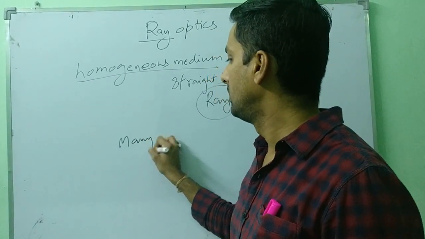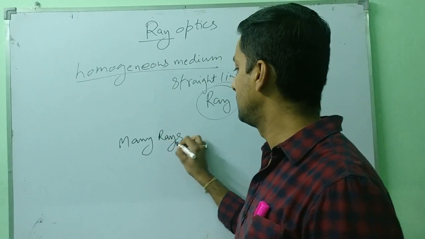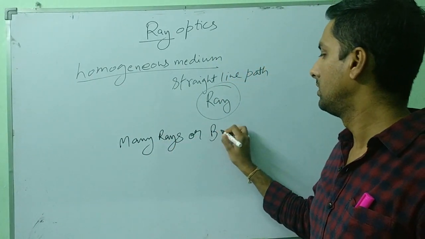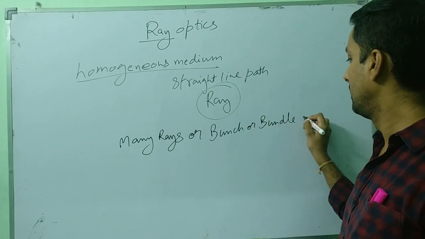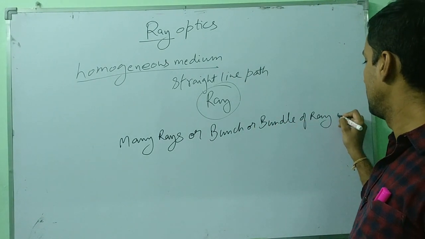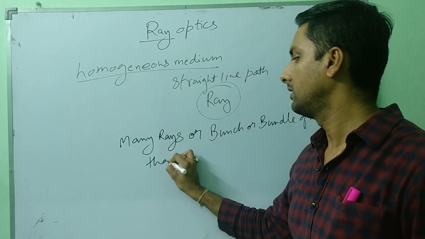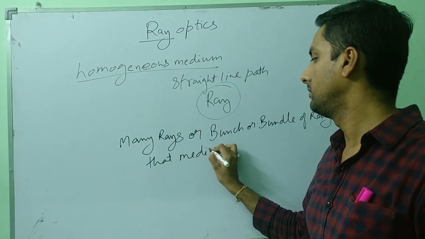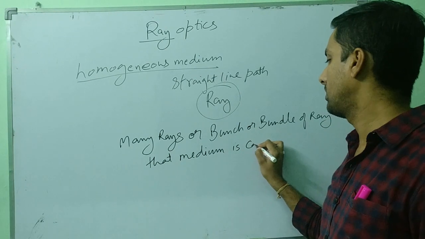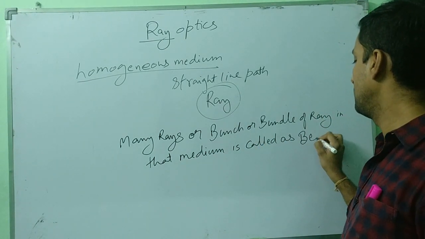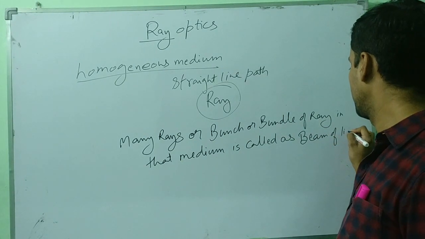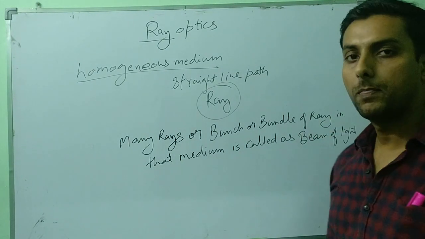So many rays, a bunch or bundle of rays in that medium, is called a beam of light. Understood?